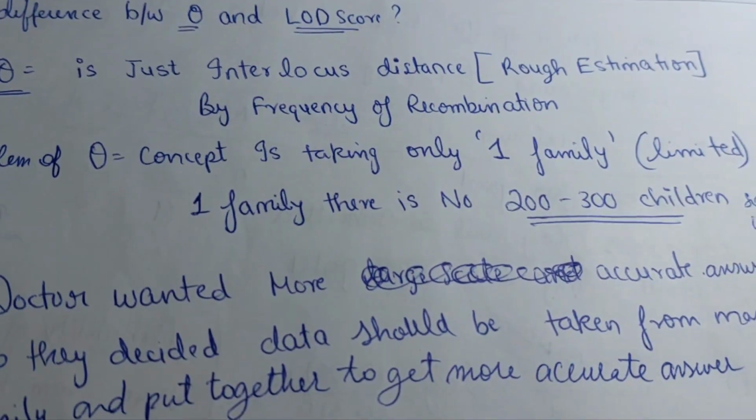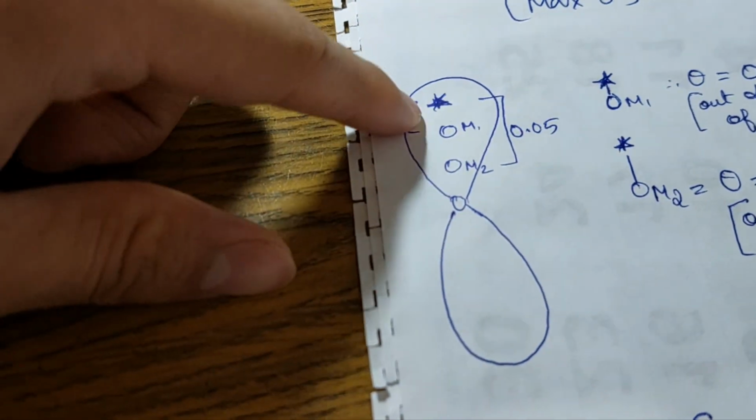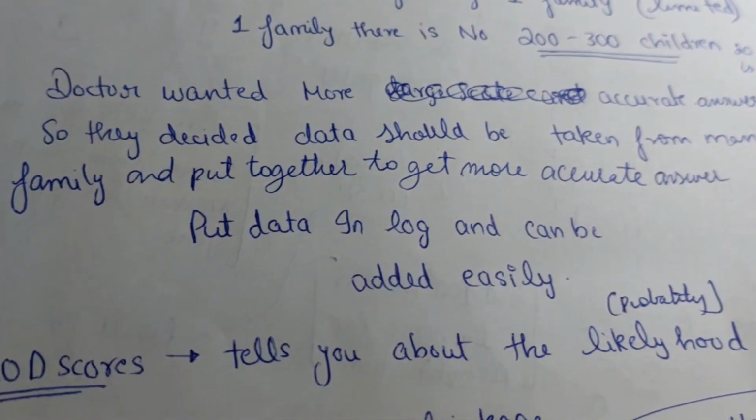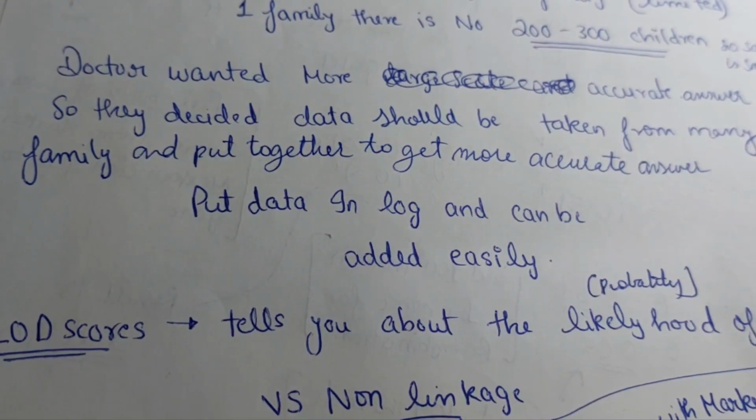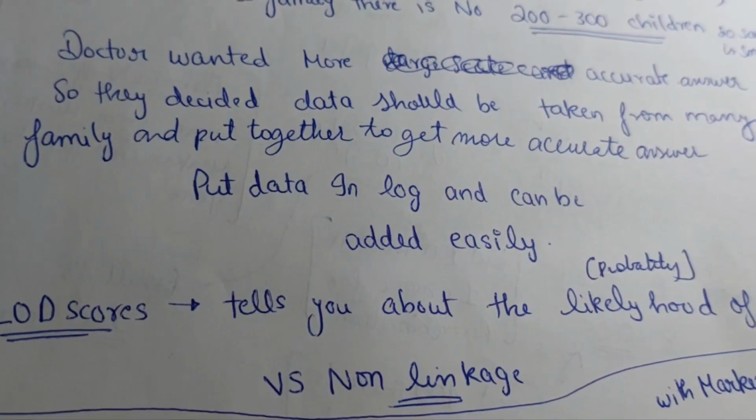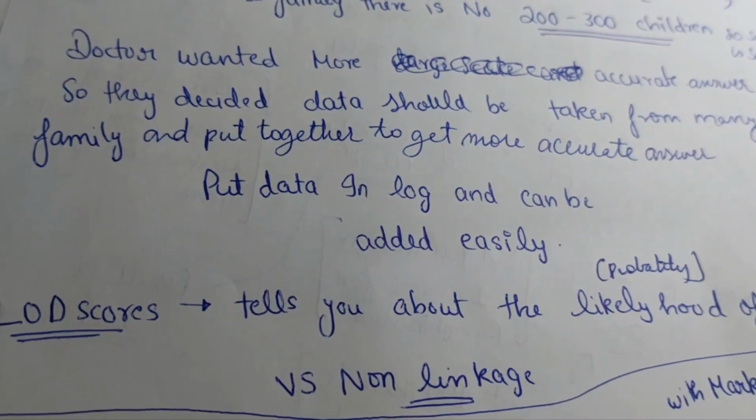So in short, the theta score tells us how close the genetic markers are to each other, whereas the LOD score actually tells us for the long run whether there is high likelihood of linkage or high likelihood of non-linkage.